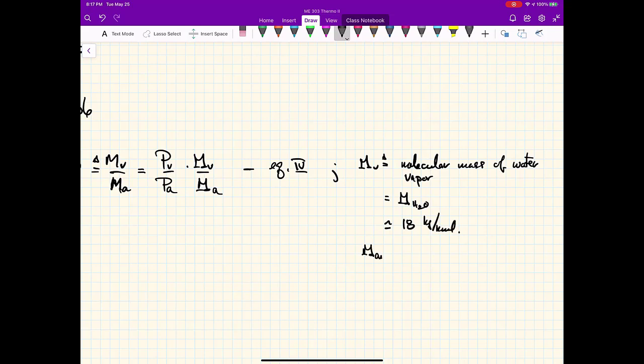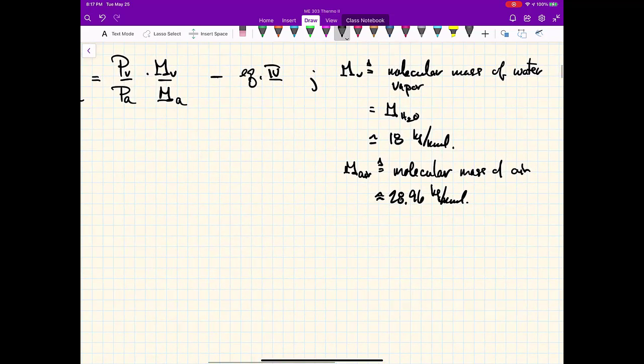Similarly, the molar mass of air, I'm going to let you look that up, although we could, by making a proper chemical composition argument for air, calculate this from scratch. I'm not going to bother doing that here. We'll simply jump straight to the result. So m sub a is the molecular mass of air, and that's about 28.96 kilograms per kmol.